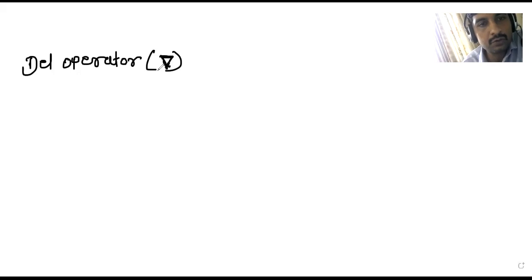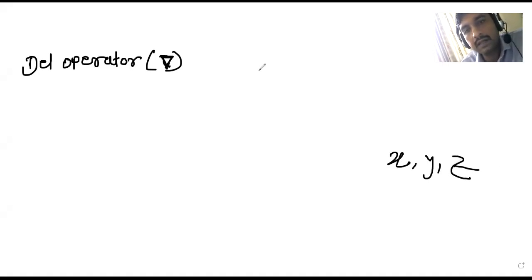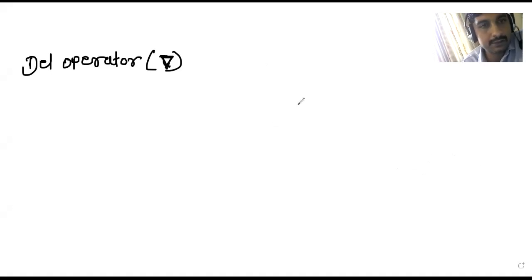We will come to those concepts later on, but for a while, let us define this mathematical operator, which is the del operator for the Cartesian coordinate system. And we know that in the Cartesian coordinate system, you have the variables x, y, z. So we are going to take partial differentiation with respect to x, y, z. And that is what is called a del operator.